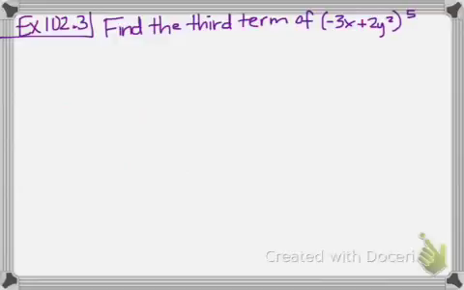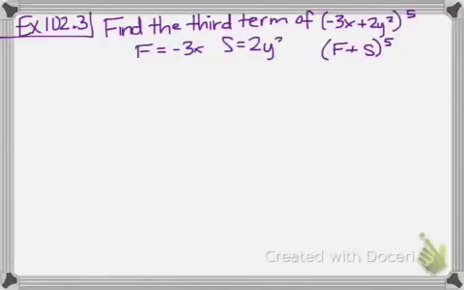Okay, final one. Find the third term of negative 3x plus 2y squared to the fifth power. So we'll substitute in f and s. So f is negative 3x and s is 2y squared. We'll make our table.